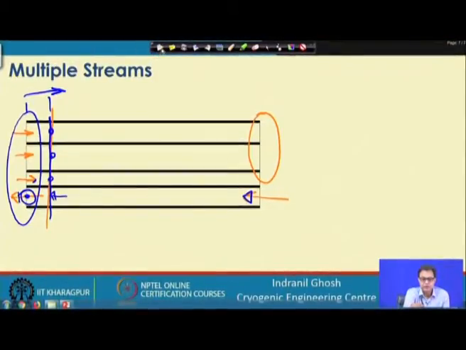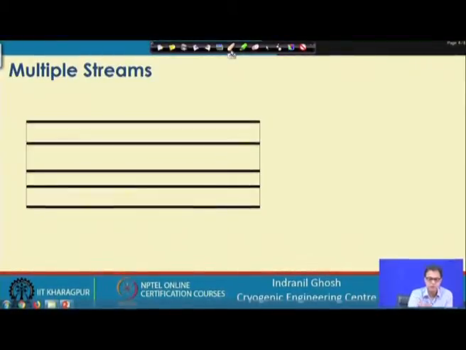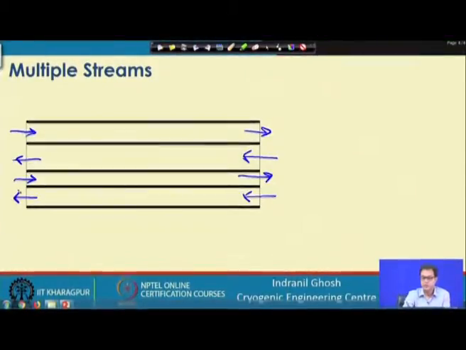But if the configuration is such that we have more than one fluid stream entering from both the ends, like we have a counter current fluid stream arrangement where alternate hot and cold fluids are there, like this is fluid stream 1, this is fluid stream 2, fluid stream 3 and fluid stream 4. 1 and 2 are in counter current, 2 and 3 again are in counter current arrangement, as well as 3 and 4 are again flowing in counter current arrangement.